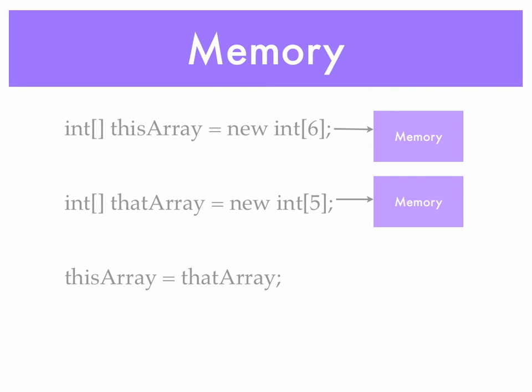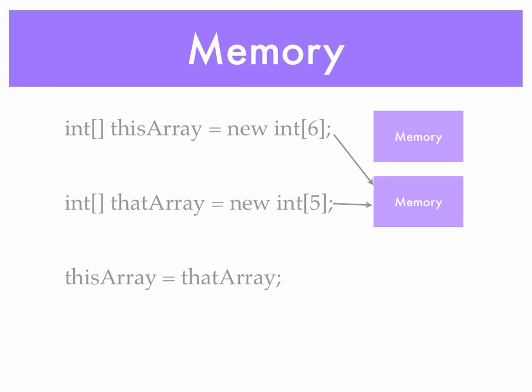If I execute the line that assigns the value in thatArray to the space thisArray, what will happen is this: the value in thisArray will now point to the space that is thatArray. And the original space thisArray is orphaned. There's no mechanism to get there because nothing points to it. So here I have thisArray and thatArray pointing to the same space, which is the original thatArray. thisArray has been orphaned.